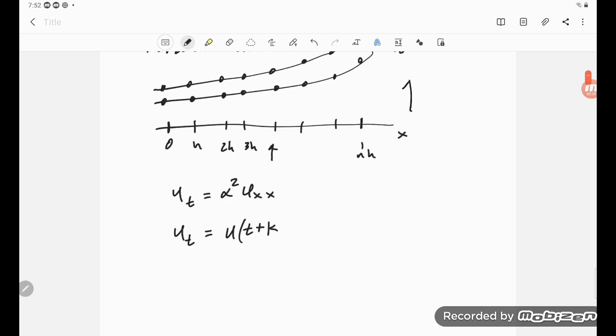So in this direction, we'll use delta t is equal to k, and in the x direction, we'll use delta x is equal to h.